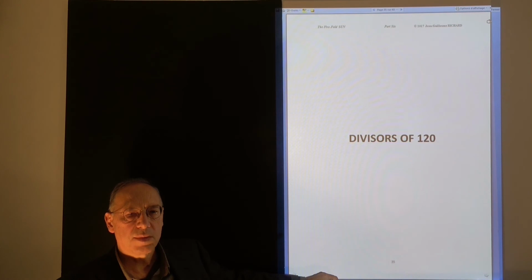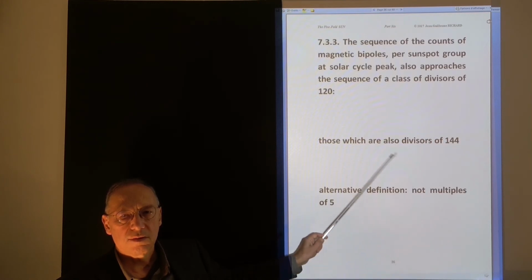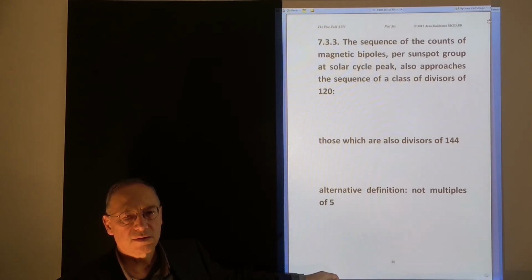However, we will maybe find a still better fit from another simple rule of thumb using certain divisors of the number 120. Those which are also divisors of 144 approach our observed sequence very well, which is also interesting from a point of view of finding some hint at a causality.